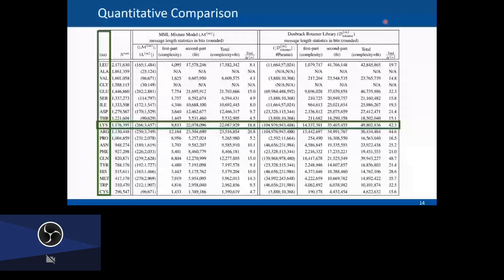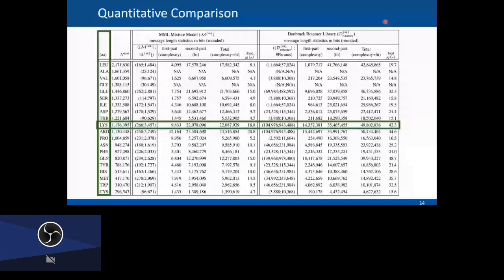We can compare the complexity between these two models by using the first part of the message. For the MML case, this takes around 10,000 bits to state the complexity of the mixture model, and for Dunbrack's case, this takes around 14 million bits.